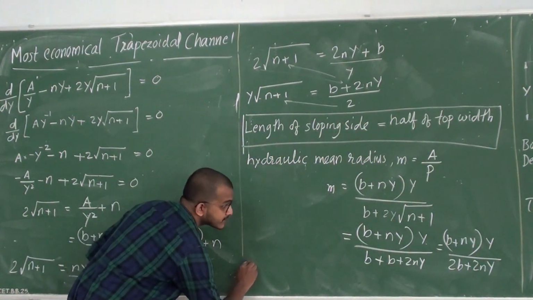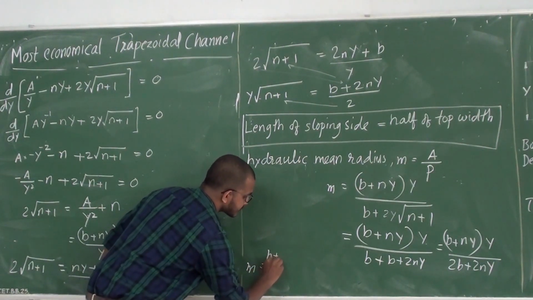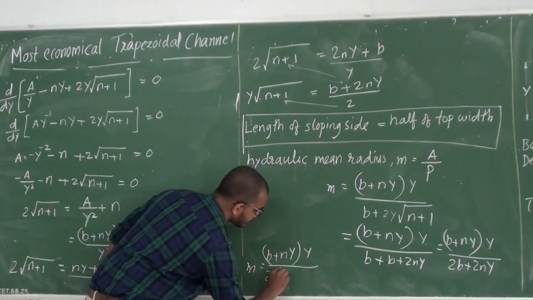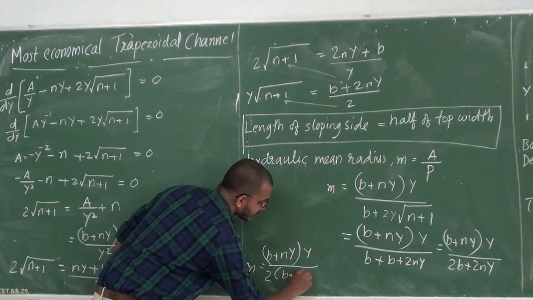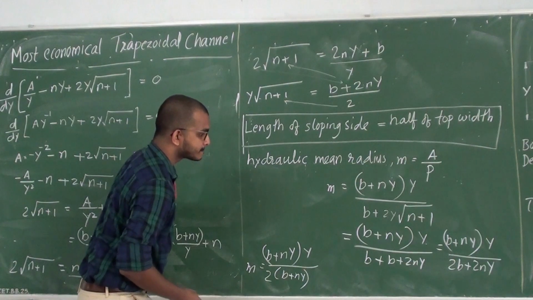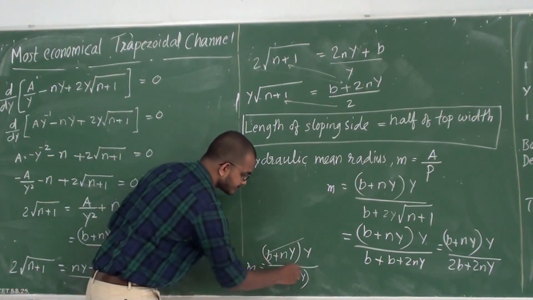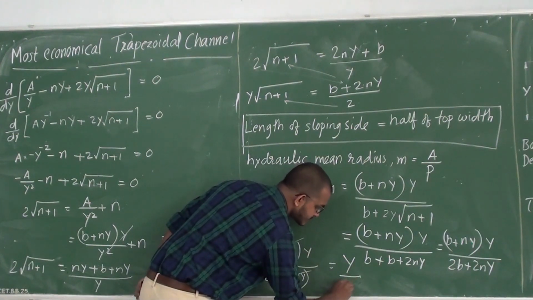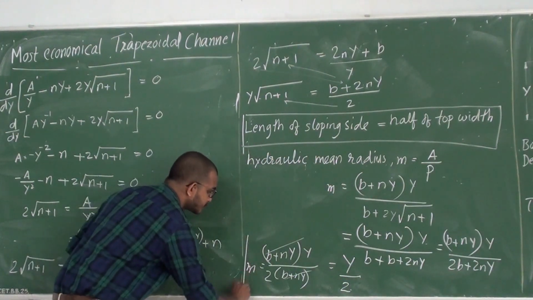So hydraulic mean radius m is equal to (b plus ny) into y divided by 2 into (b plus ny). Let's cancel this b plus ny, which yields hydraulic mean radius m equal to y by 2.